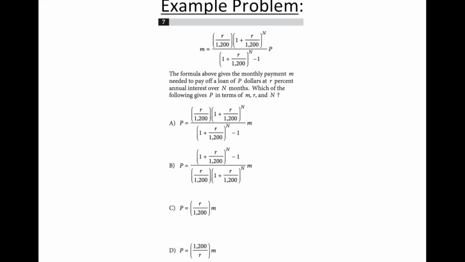When I say terms, I just mean that we have a product of two terms over the denominator, and that creates one term. Hopefully that is not confusing you. But essentially, what we have on the numerator is the quantity r over 1200 times the quantity of 1 plus r over 1200 to the nth power.